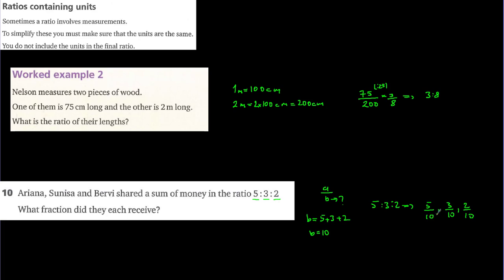If we simplify with common numbers, 5 over 10 is simplified by 5, so it's equal to 1 over 2. 3 over 10 cannot be simplified, so you leave it like that, and 2 over 10 can be simplified by 2, so it's equal to 1 over 5. So these are the fraction forms of what each receives.